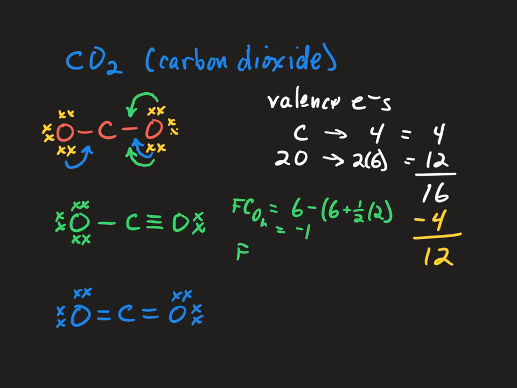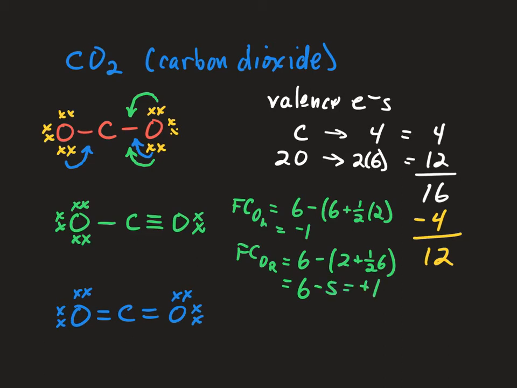The formal charge for the oxygen on the right is going to be 6 minus 2 plus half of 6, equals 6 minus 5 equals +1.